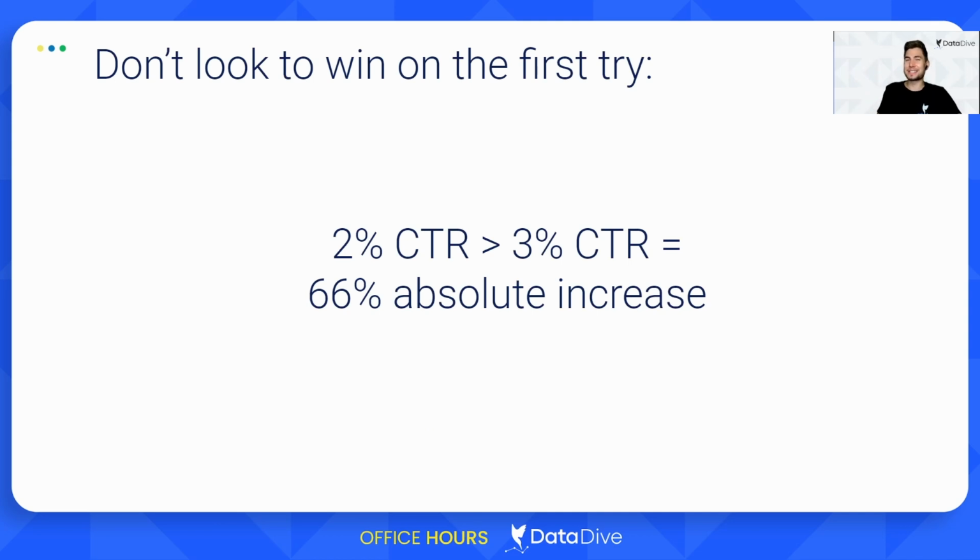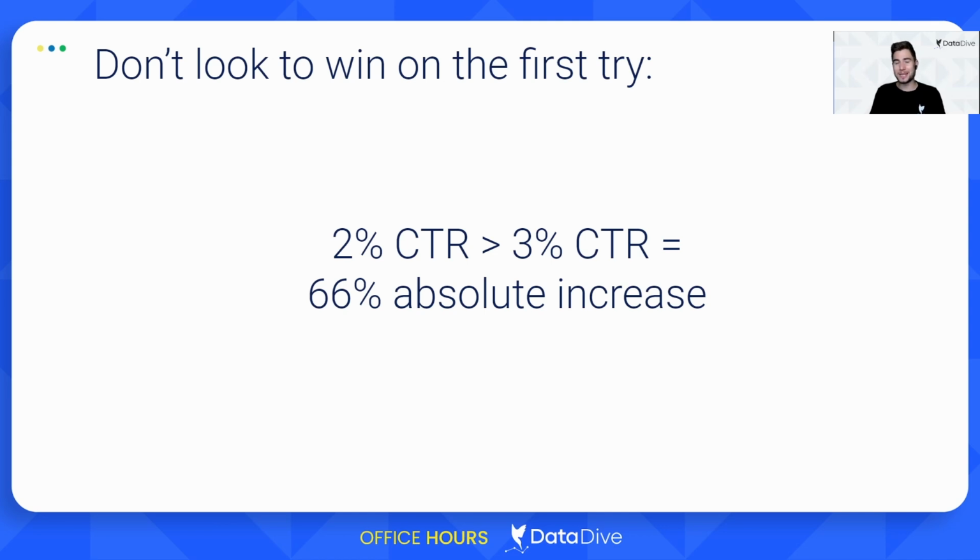The last thing that I want to say about optimizing for main image and optimizing for click-through rate is that making a very small percentage gain can have a very big impact on the brand. For example, if your click-through rate is 2% and you increase it from 2% to 3%, that doesn't sound like a lot. It's just a 1% increase in click-through rate.